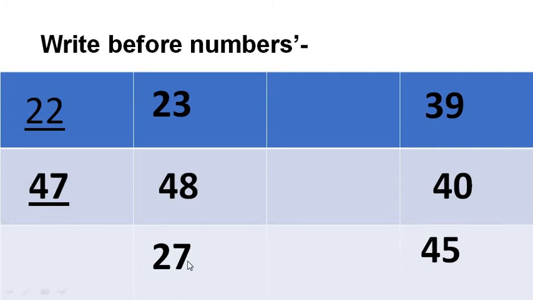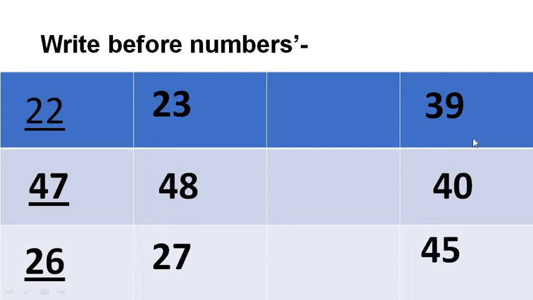Start counting from 21: 21, 22, 23, 24, 25, 26, 27. Which number goes before 27? Yes, it is 26. See, before 23 there comes 22. Before 48 there comes 47. Before 27 there comes 26.